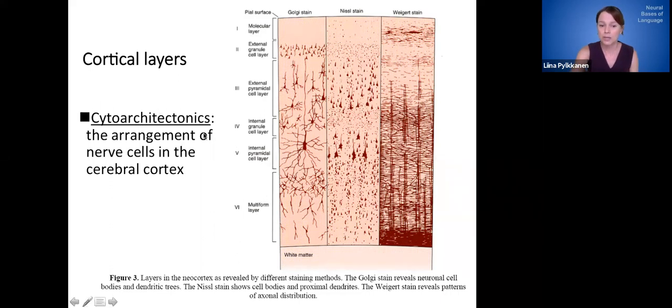The arrangement of nerve cells in the cortex is called cytoarchitectonics. When we study cytoarchitectonics, we're studying the arrangement of nerve cells in the cortex. There can be up to 6 layers of different types of nerve cells in your cortex.